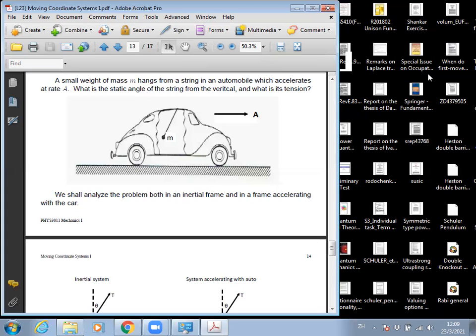Okay, can you follow now? Now you can also consider it in this way. Think about it in the lab, the inertial frame. In the lab frame, usually we have this vertical, the gravitational force pulling downward vertically.